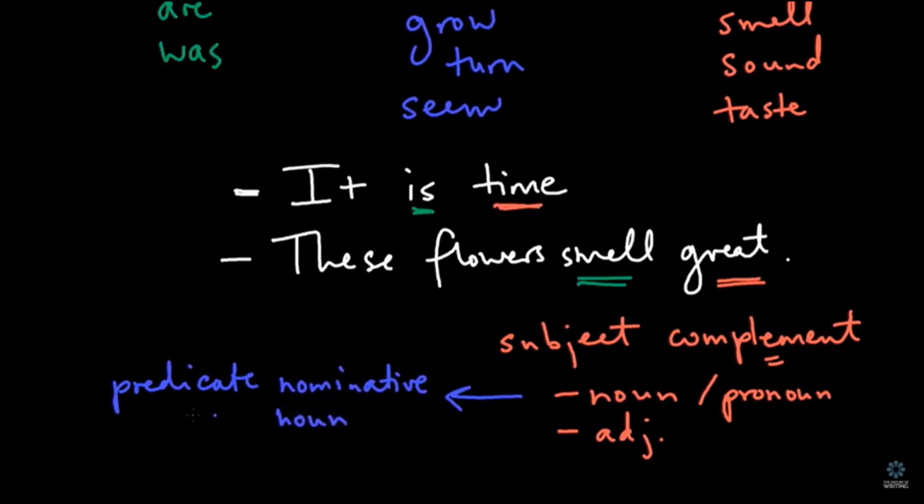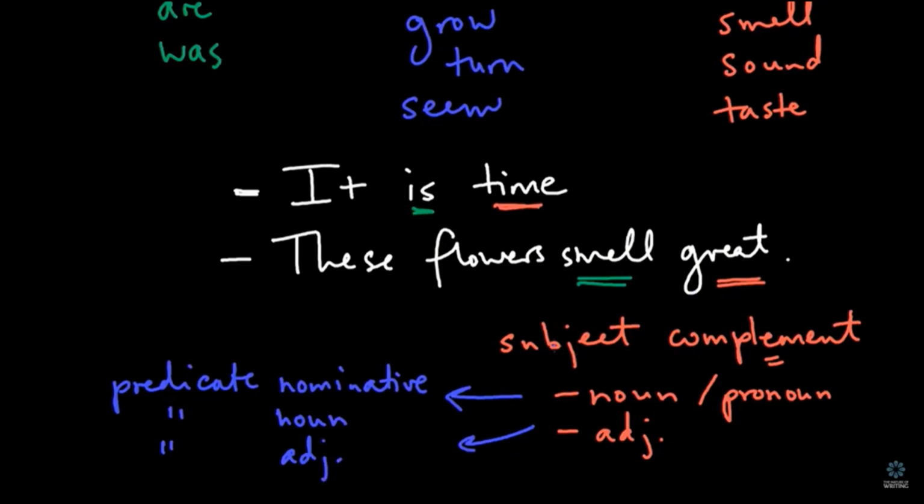It's essentially the same thing, but you're going to come across either one of these two descriptions. And we'll tell you in a second why it's called predicate nominative. The other one here, if it's an adjective, is sometimes called a predicate adjective. So those are some terms that you might come across.